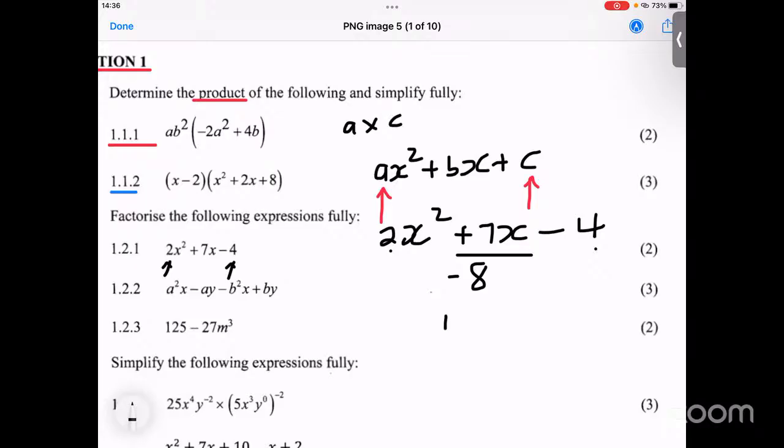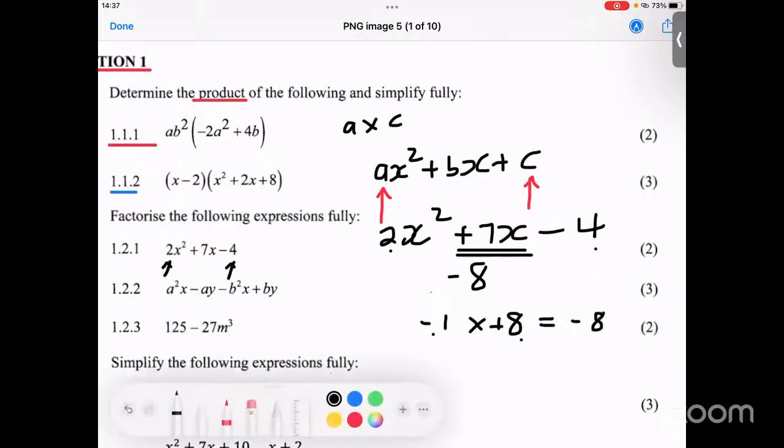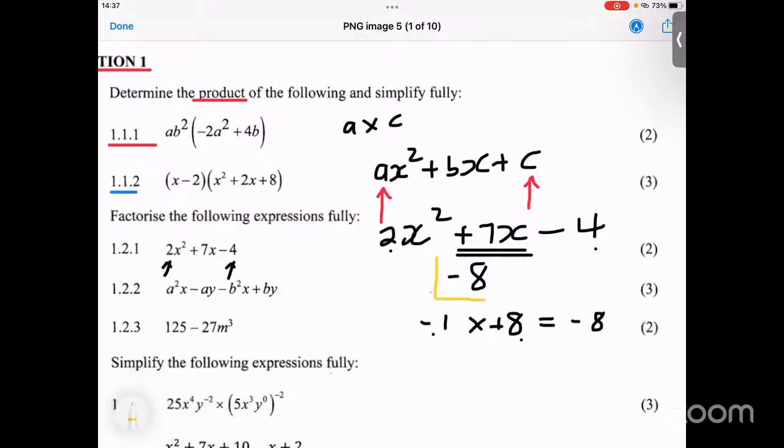Definitely 1 and 8. These two values can be manipulated somehow in order to give you that middle term. And I think that can be done if you've got a negative 1 there, and then you are having your positive 8 there, because when you multiply these two, they do take you back to this value that you got.